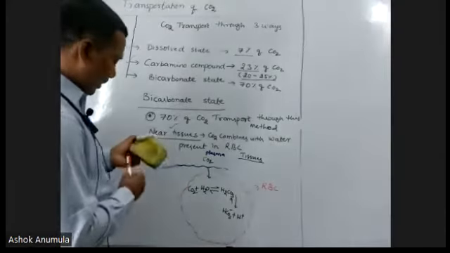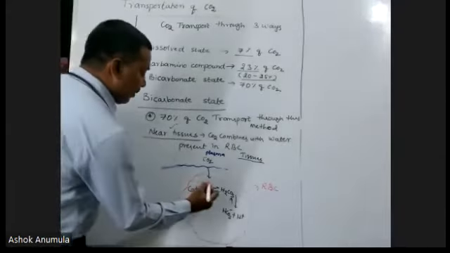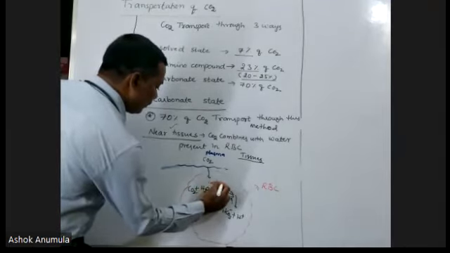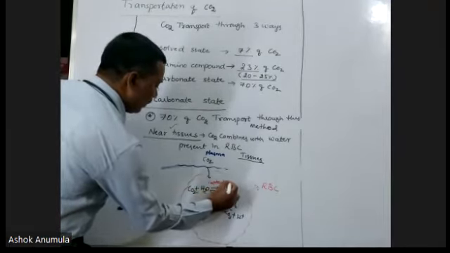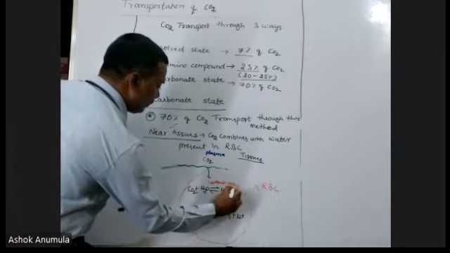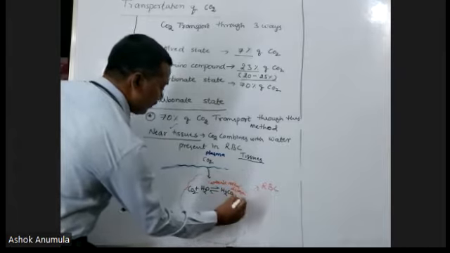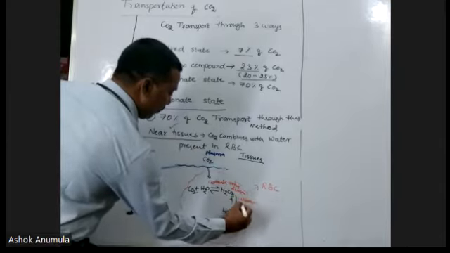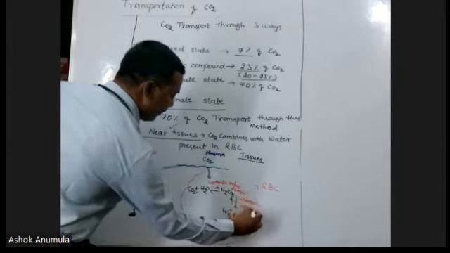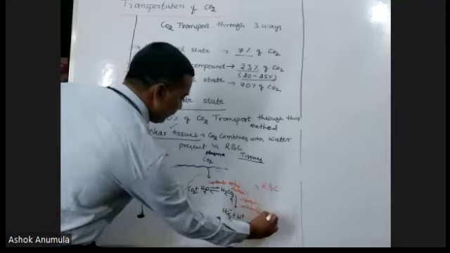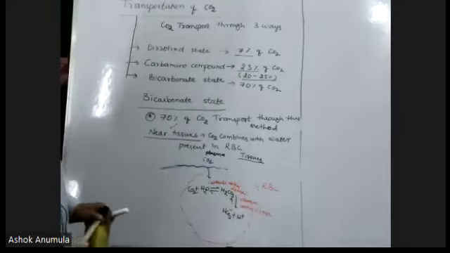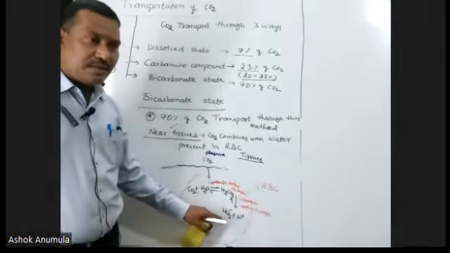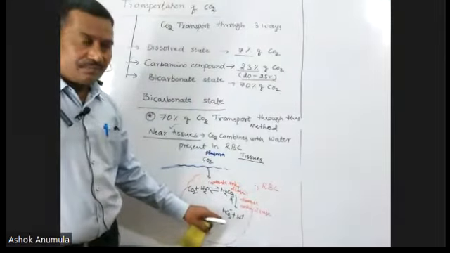For this reaction to occur, an enzyme is present, called the carbonic anhydrase enzyme. Carbonic anhydrase enzyme is present in the RBC.